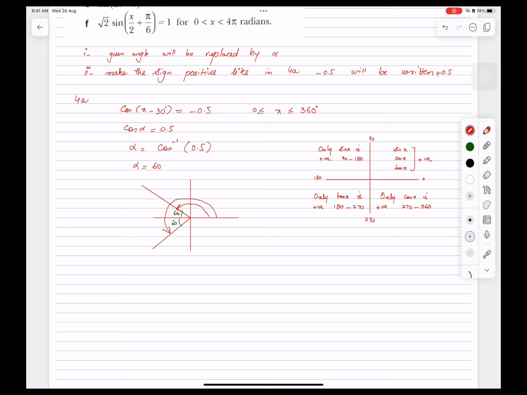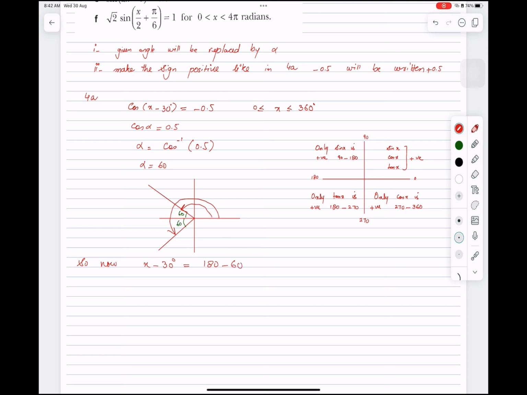First of all, you will subtract 60 from 180 and put that equal to x minus 30. So you will write 180 minus 60 degrees.